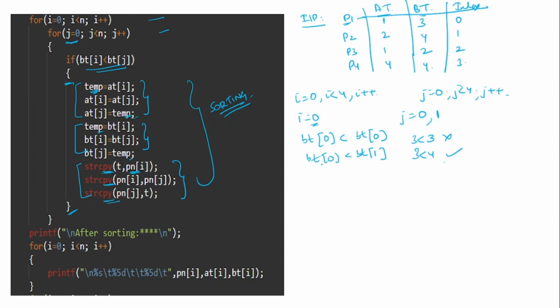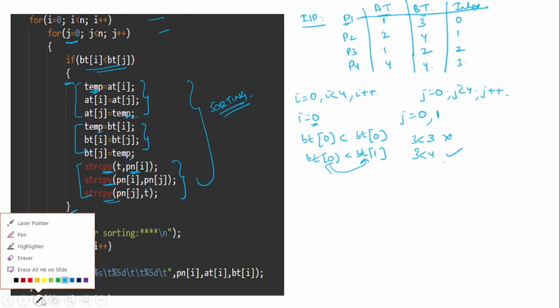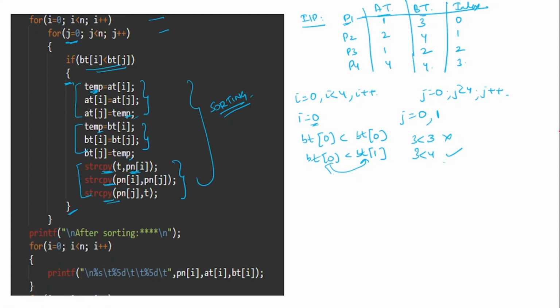So in this case, if the burst time of the first process is greater than the second process, we need to swap these two processes. Now what happens once we swap these two processes, the new table would be like this.